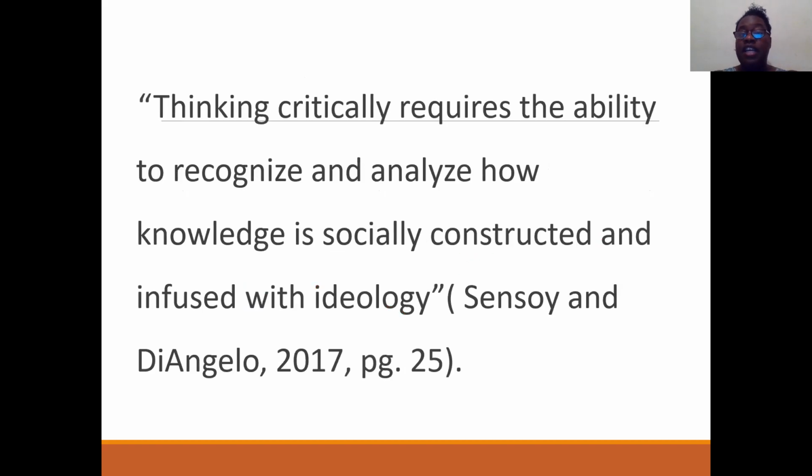Thinking critically requires the ability to recognize and analyze how knowledge is socially constructed and how it's infused with ideologies. If you refer back to Module 1, where we talked about how we're socialized, we're socialized into a belief system that says this is something we accept or something we reject.